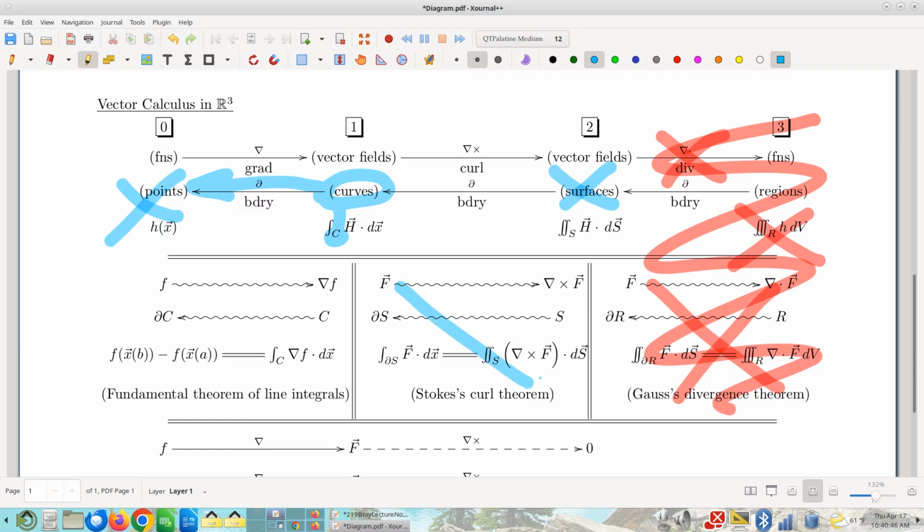That means Stokes' theorem can't apply here. Stokes' theorem is only for boundaries. So not only have we identified what theorem we can use, we have also identified, following the instructions of the diagram, I'm just doing what I'm told here, what we can't use and therefore should not waste our time with. Is that all right? Okay.